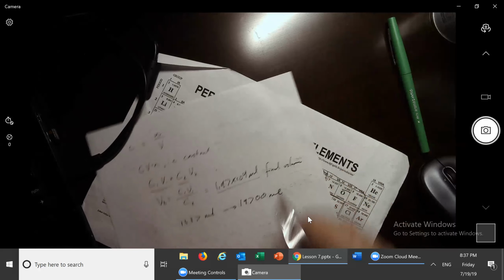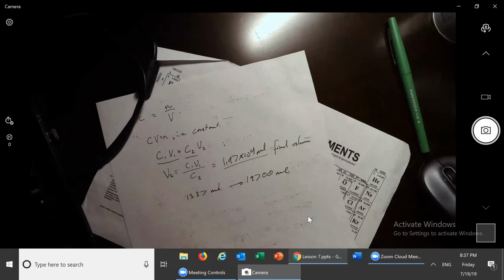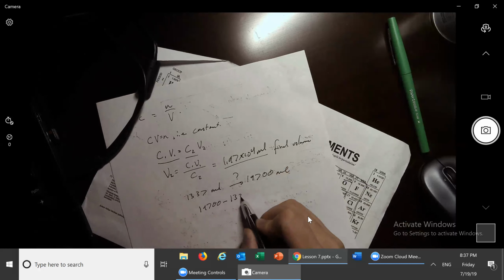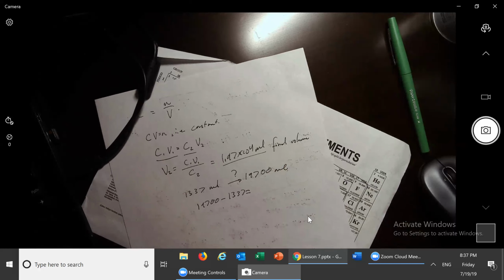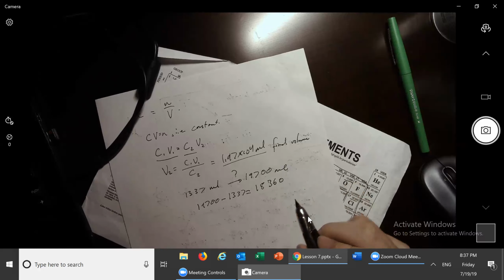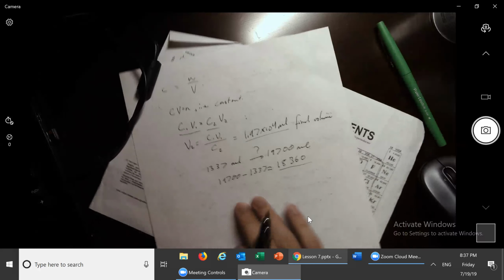So therefore, how much water should we add? So 19700 minus 1337 equals 18360. Okay? So this is how much water we need to add. Okay? Look at the final question.